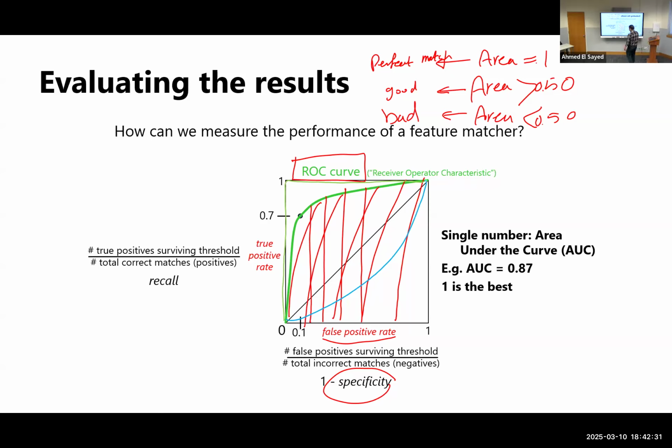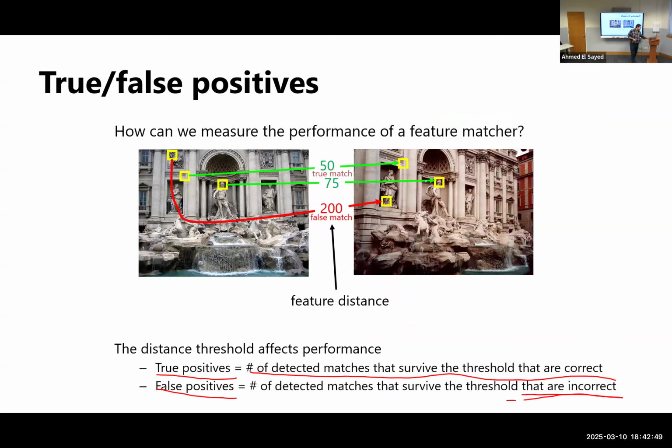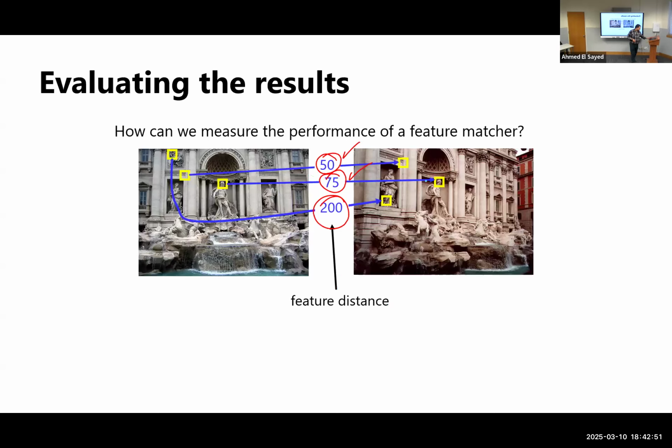Okay, again, how do we generate the ROC curve? Start with the matching points.